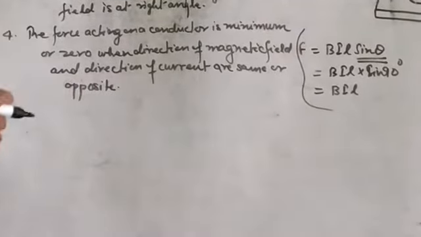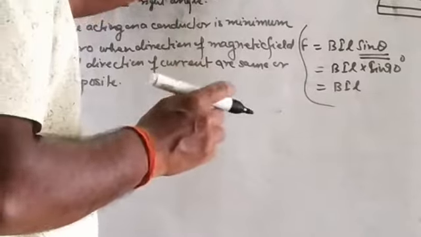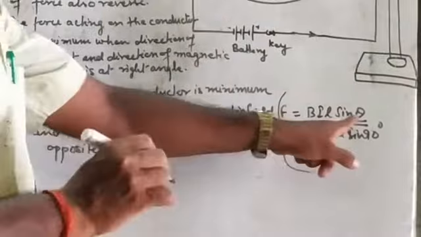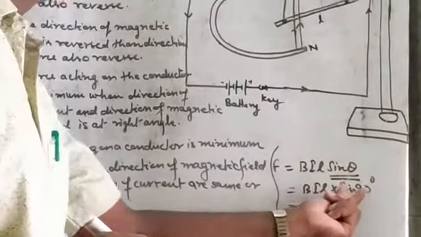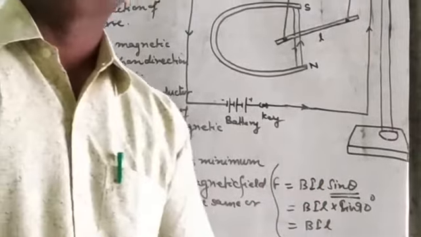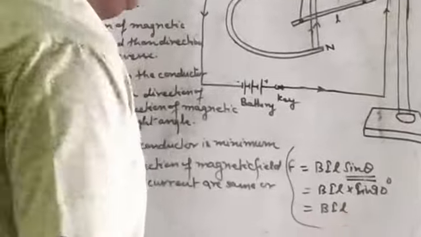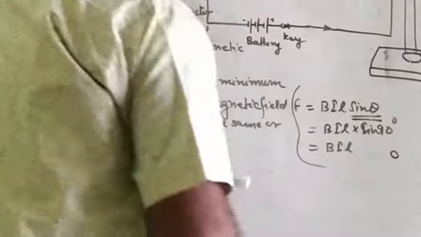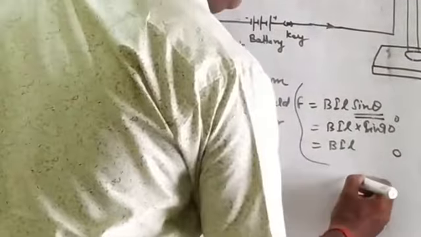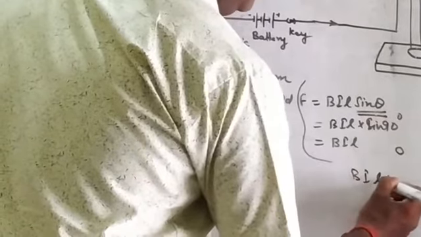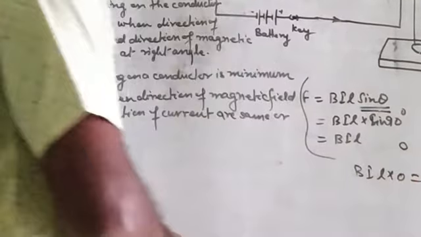All of you see here, if both are in the same direction, then theta is 0 and sin 0 is equal to 0. That's why in this case we get the value 0. You see here, BIL into 0 is 0.